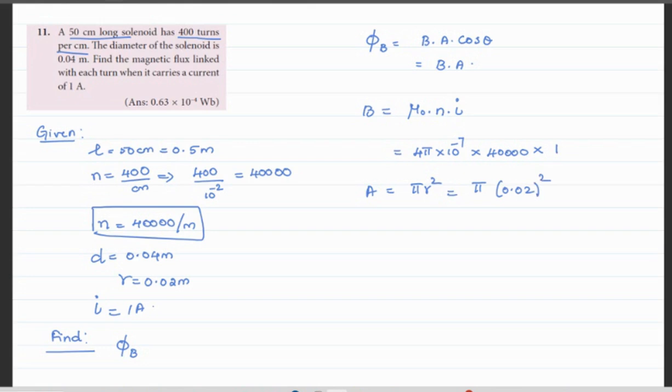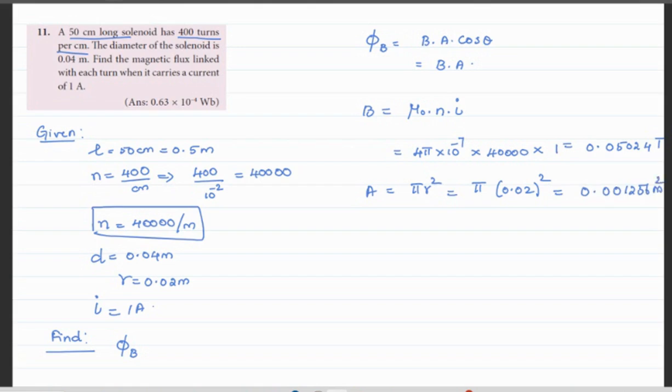So, இது எல்லாத்தையும் multiply பண்ணி வைப்போமா? So, that is into 4 pi, this comes around 0.05024 Tesla. Okay. Pi into R square. So this is 0.001256 meter square.